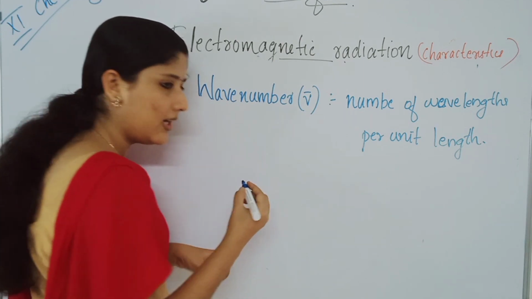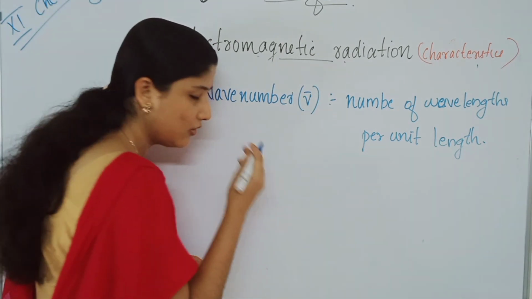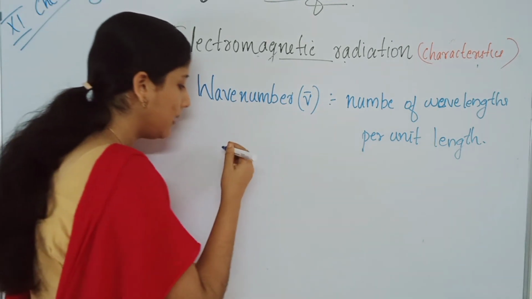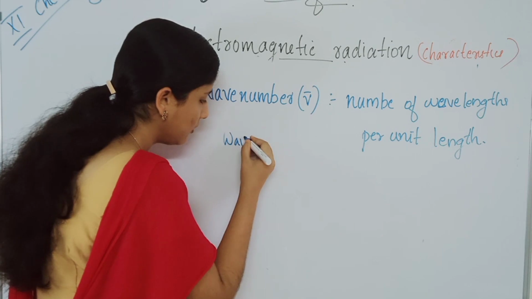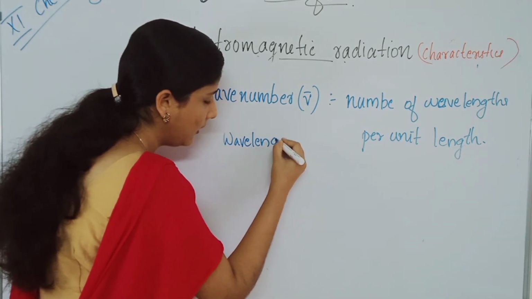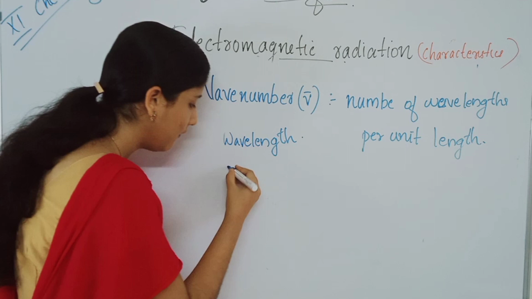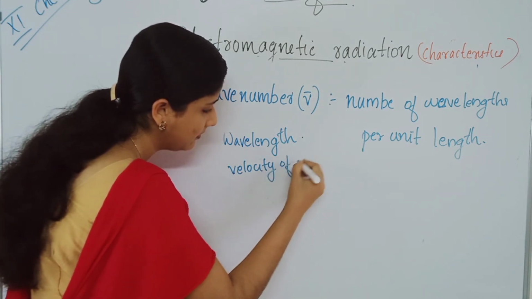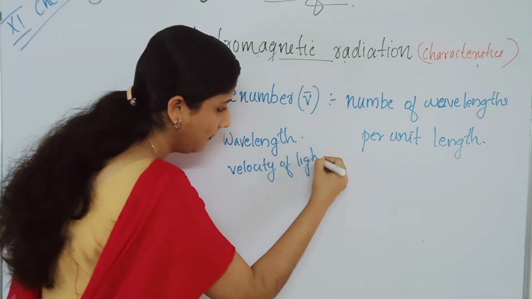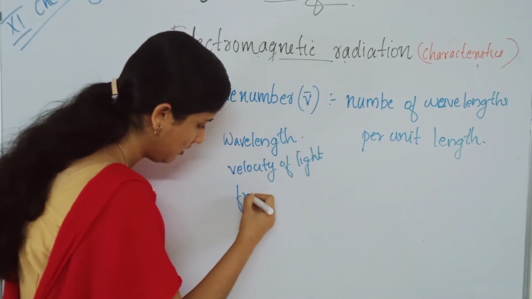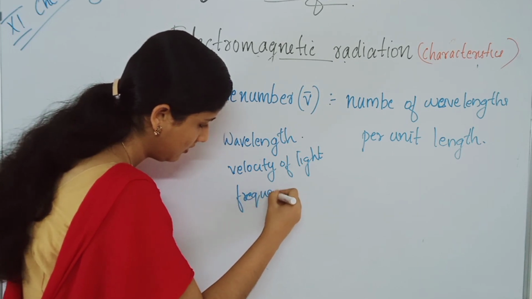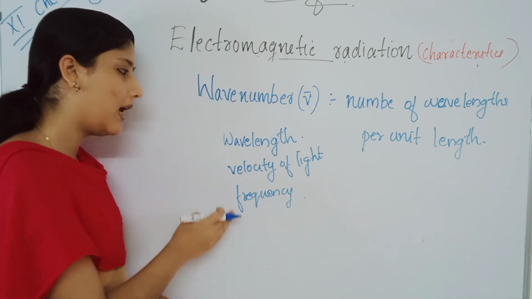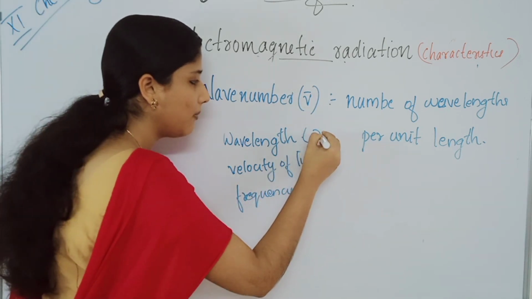Now we need to study an equation relating wavelength, velocity of light and frequency. Wavelength is denoted by λ.